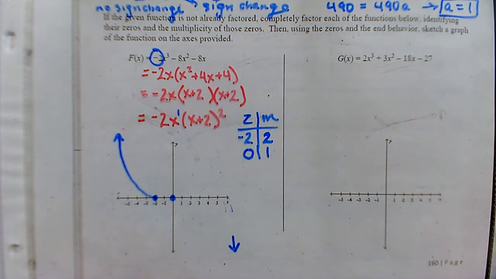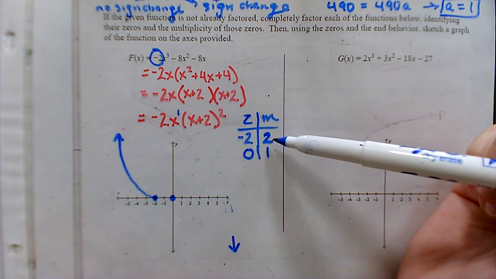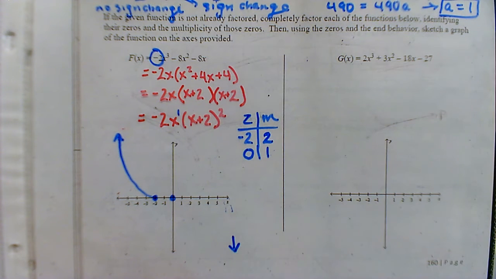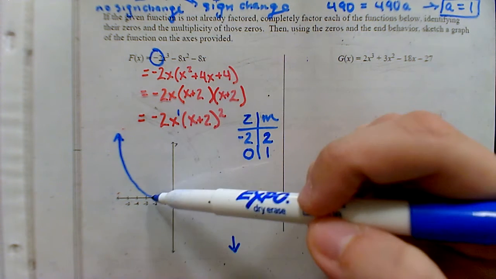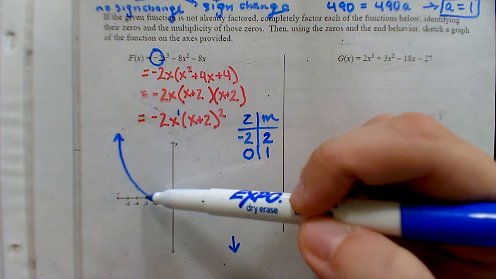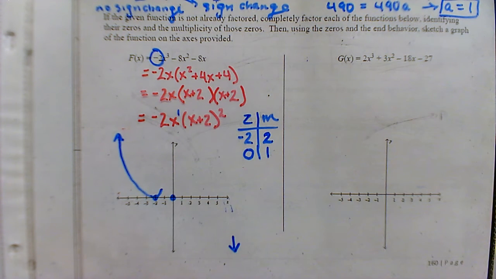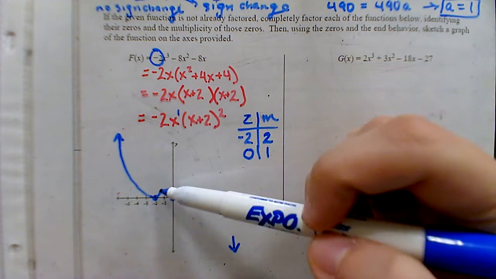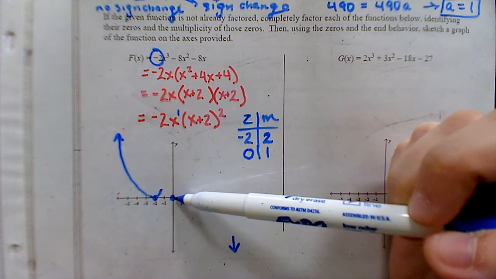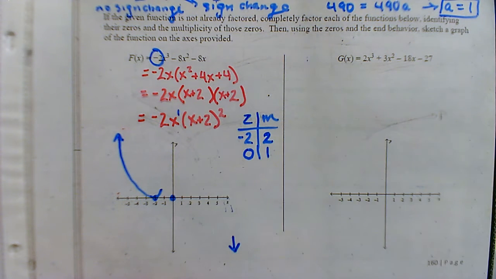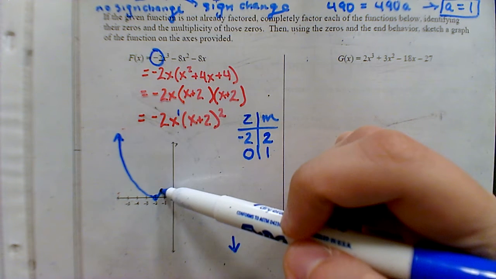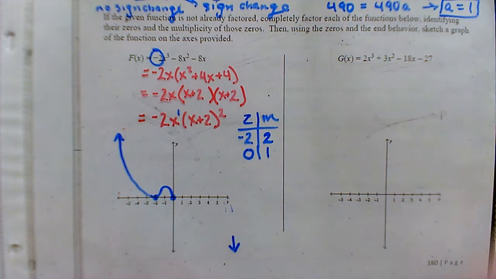Now this x-intercept, since it had a multiplicity of 2, should just be bouncing. So we're not going to go through the x-axis there. We have to bounce back up. We're not quite sure how high it goes. This is just a rough graph that we're drawing. But we do know that we have to connect it to this other x-intercept that we know is already on the graph, so we're going to have a little hump in the middle there.